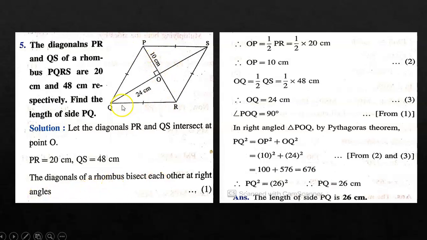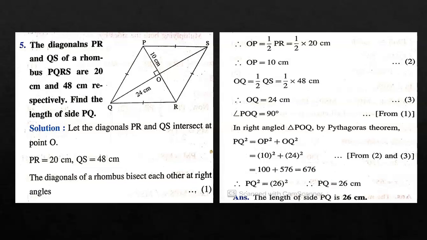This is a right angle and they also bisect each other, which means that OP is half of PR. So half of 20 centimeters, OP is 10 centimeters and OQ is half of QS, which is half of 48.